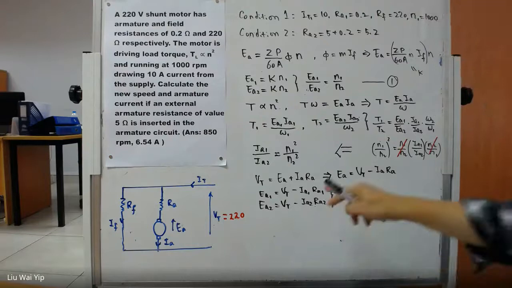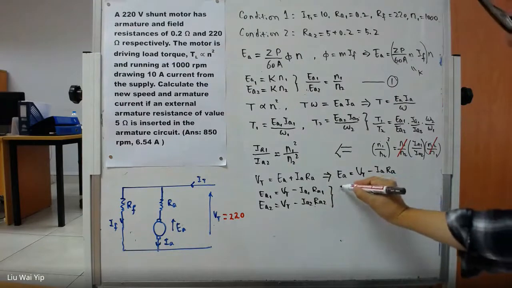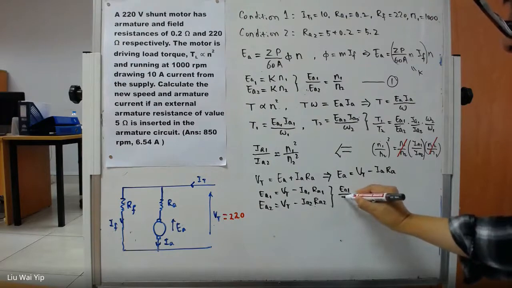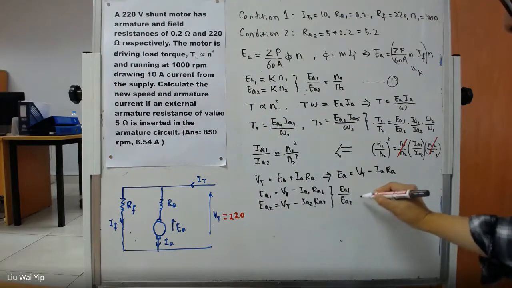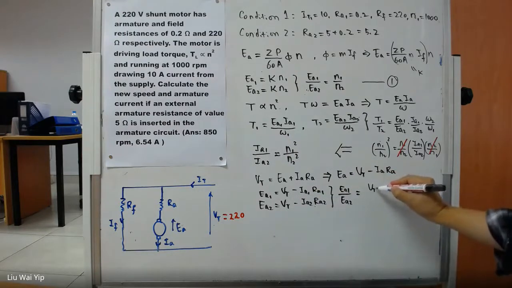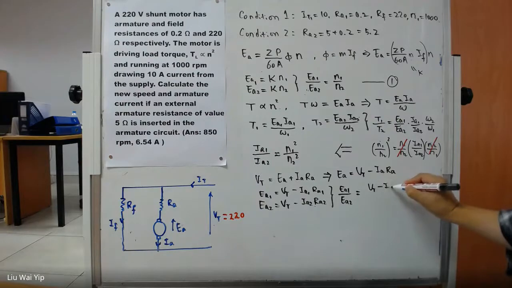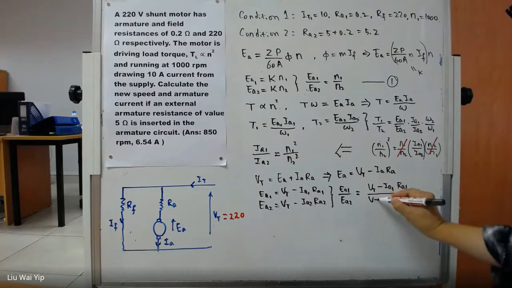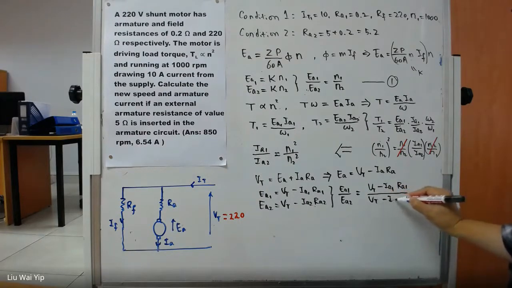And with these two conditions, we can safely say EA1 over EA2, which equals VT minus IA1 RA1 over VT minus IA2 RA2. So these are the things that we can do.